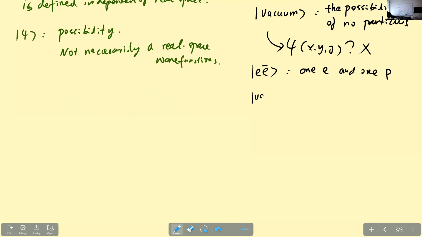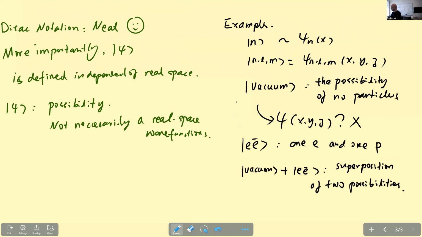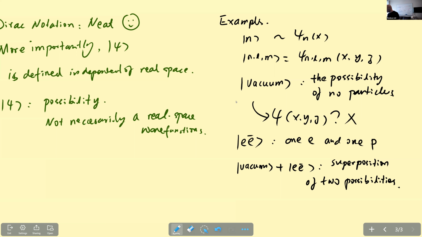You can have, say, vacuum plus, you can say that this is a superposition of two possibilities. So it's up to you. You can invent a lot of things that can be used to describe different kinds of possibilities.